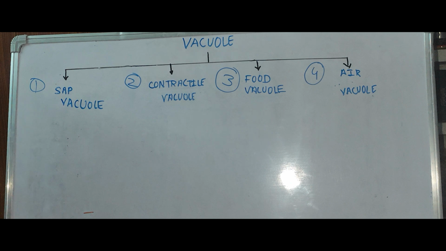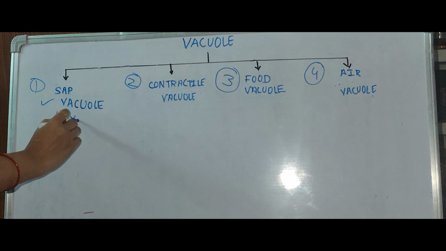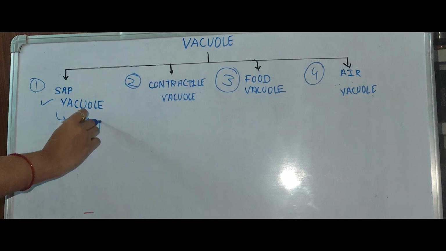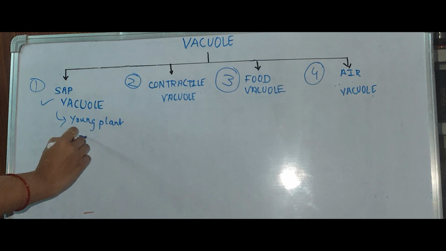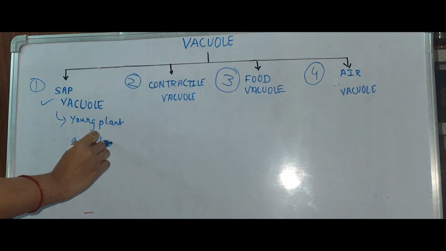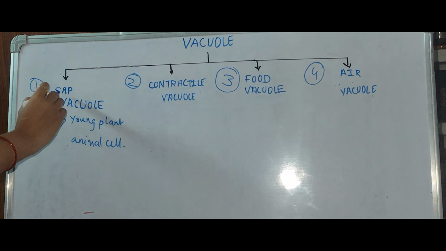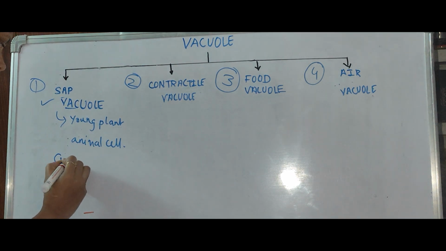The first one is sap vacuole. Sap vacuoles are generally found in young plants, and they are found in animal cells also. These vacuoles are actually fluid filled, and this fluid-filled vesicle is covered with tonoplast.